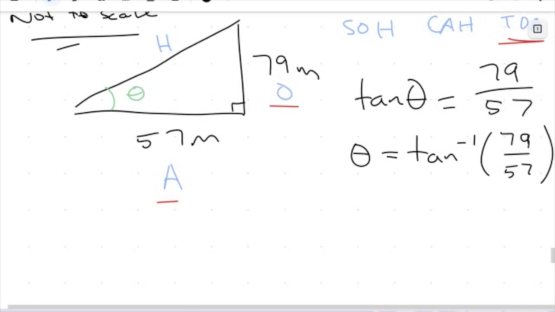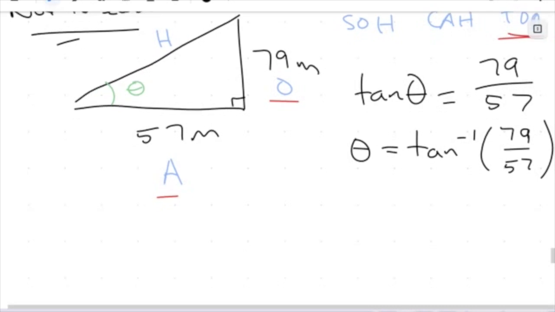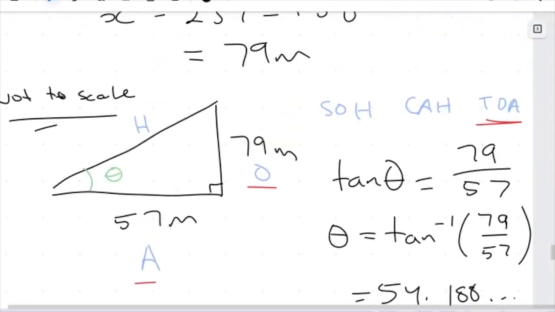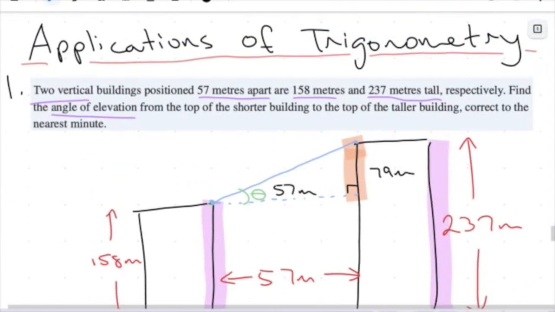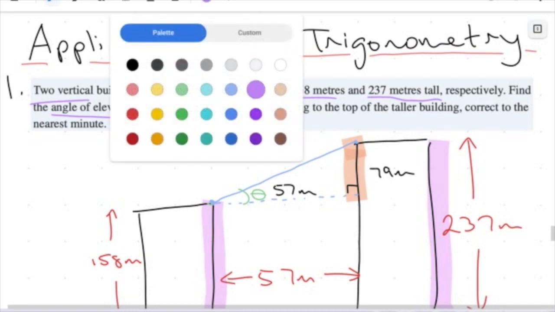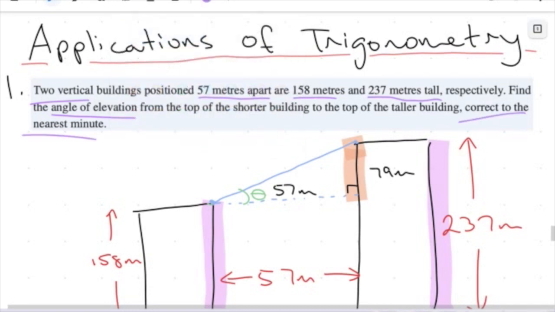Okay, so once I put that in, I get an angle of roughly 54.188... And if I wanted to round this to the nearest minute, because that's what the question asks me, we want an angle value, correct to the nearest minute.